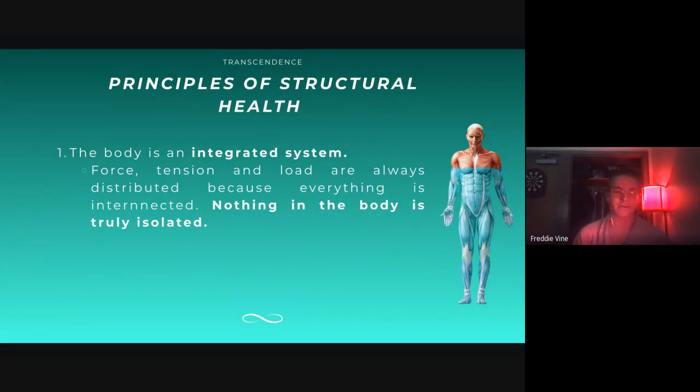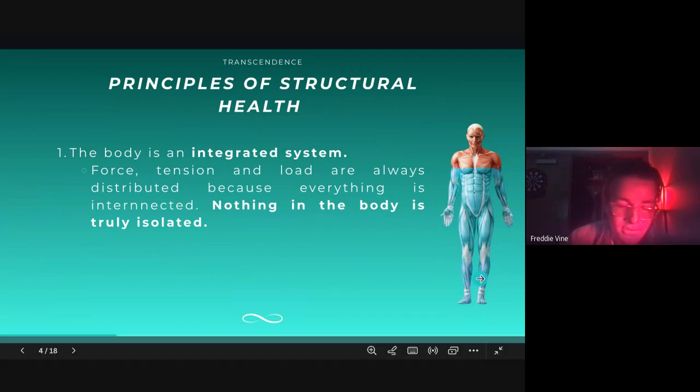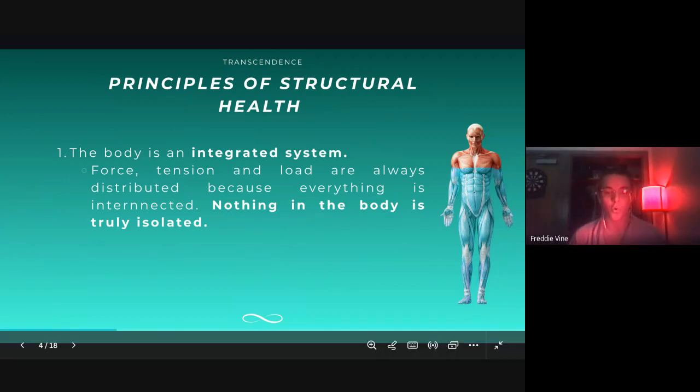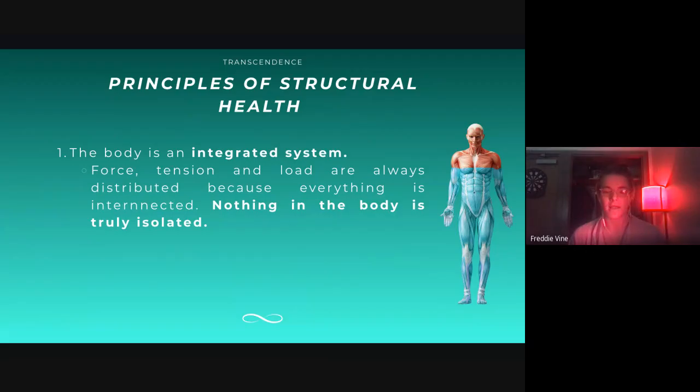I want to dive into some principles now. The first thing you should realize when it comes to the structure of the human body, and this is a really key point, is that your entire system, this external shell you can see on the side here, your muscles, the bones, the fascia, which we're going to talk about, is an integrated system. That's so important. It's very easy to think of things as isolated.